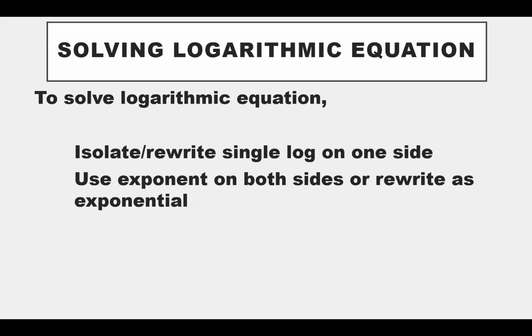That single log will have the variables in it. And then either use an exponent on both sides, or we could rewrite this equation as an exponential equation and solve it that way. Both of these two are going to lead to the same outcome. And in fact, after one step, they'll look identical.